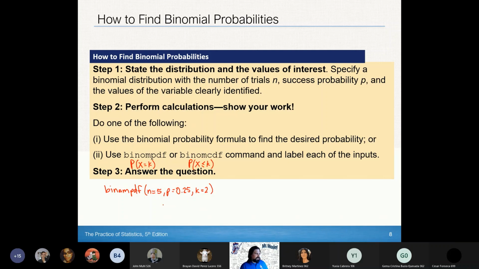This is what it means by labeling. It's not enough just to say I used binomial PDF and I got the result. They want to see that you understand what the parameters are and what things you need to consider to find the solution. So that's what it means by label each of the inputs.